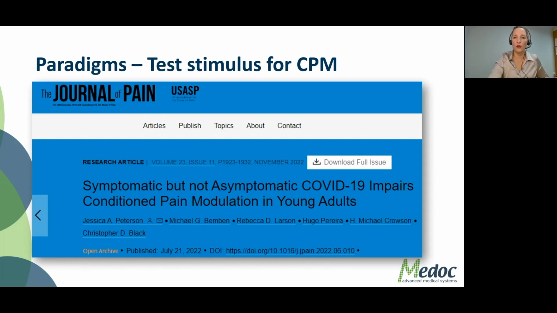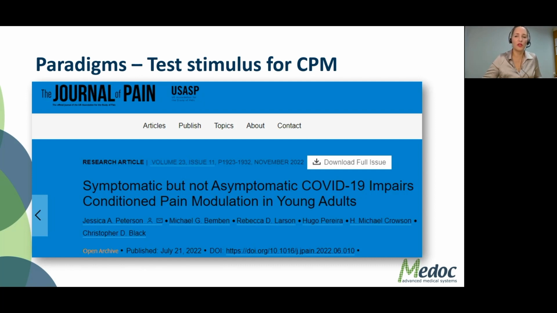All of their subjects were not vaccinated. They had controls that never had fallen ill with COVID, those that had symptomatic COVID, and those that had asymptomatic COVID. And they did the pressure pain threshold test for the CPM on the arm and the leg with a rate of 30 kilopascal per second. And their conditioning stimulus for the CPM was a cold bath of 2 degrees.